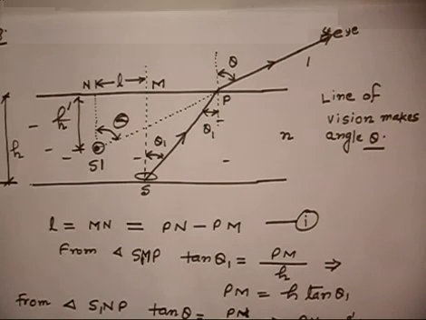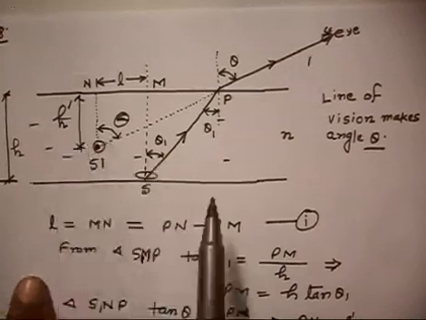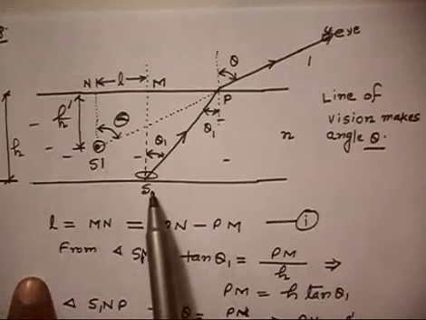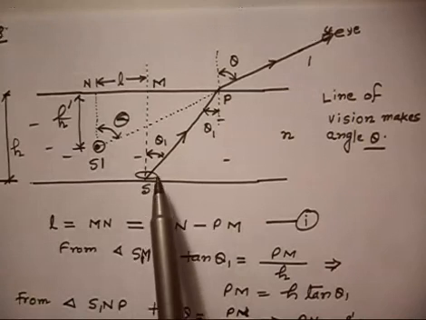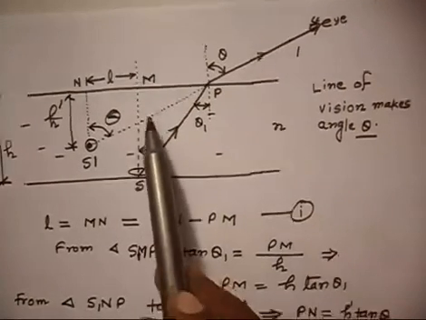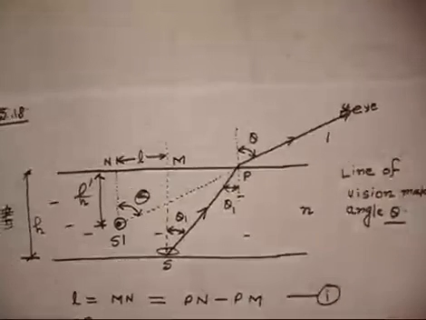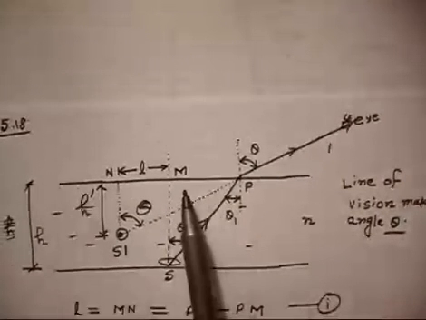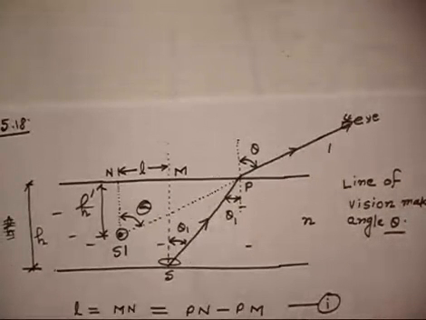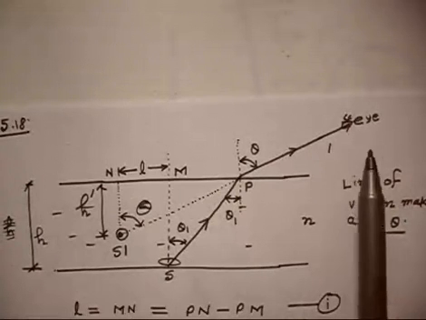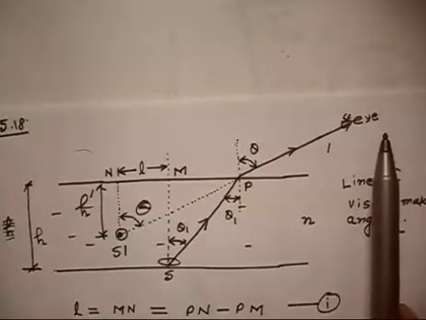Have you done this one? Not yet? Okay, draw. So you see there is a medium 2 or lake, you can say. So there is a lake. In this lake there is a stone S that is kept. So S is a stone, and if I draw a normal from point S, this cuts the surface of the lake at point M. Now there is a person standing here.